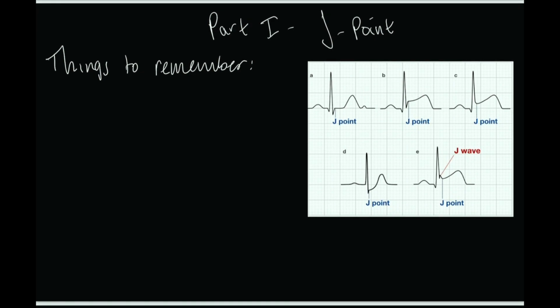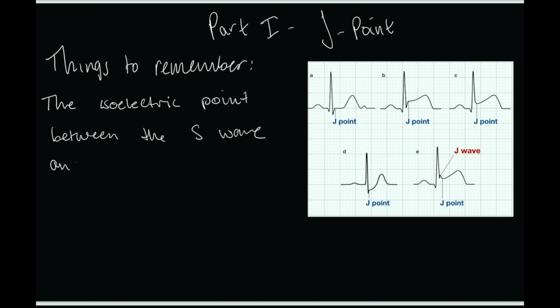The J point, one of the more important things to recognize on a 12 lead. The J point is defined as the isoelectric point between the S wave and the T wave. Now, what do I mean by isoelectric? Basically that just means it's flat, right?